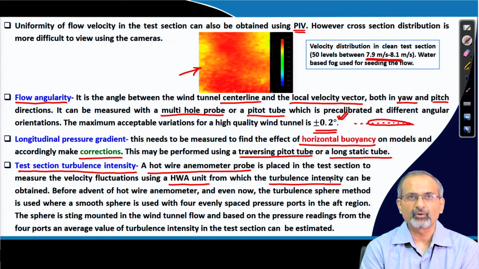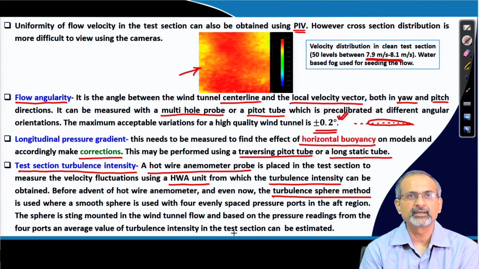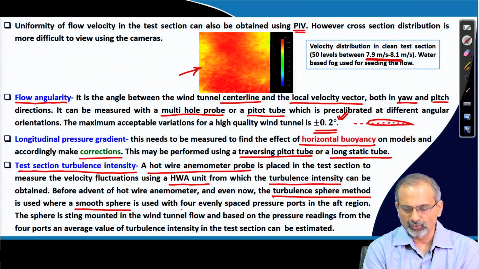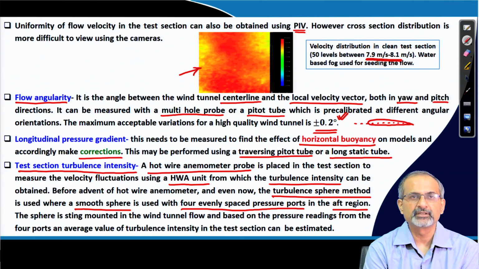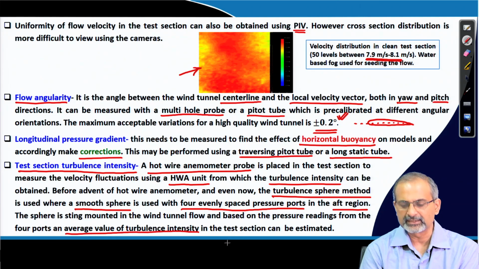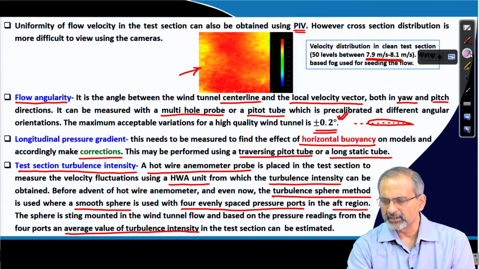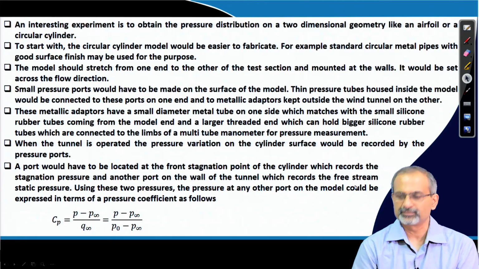Before the advent of hot wire anemometer, there used to be a very popular technique called the turbulence sphere method, which is still in use, where you have a smooth sphere with 4 evenly spaced pressure ports in the aft region, and the sphere is sting mounted in the wind tunnel flow, and based on the pressure readings from the 4 ports, an average value of turbulent intensity in the test section can be estimated. So, these are different aspects of wind tunnel calibration which one needs to be aware of.